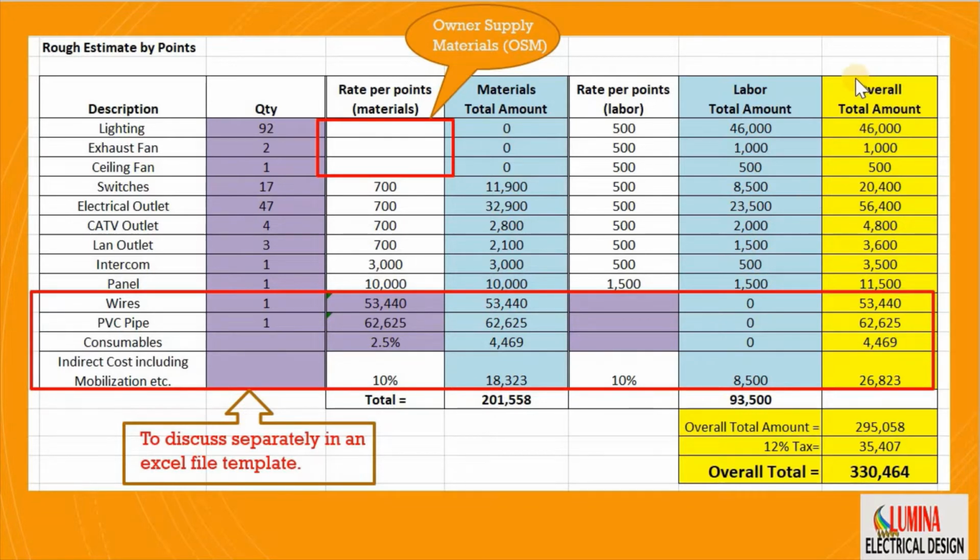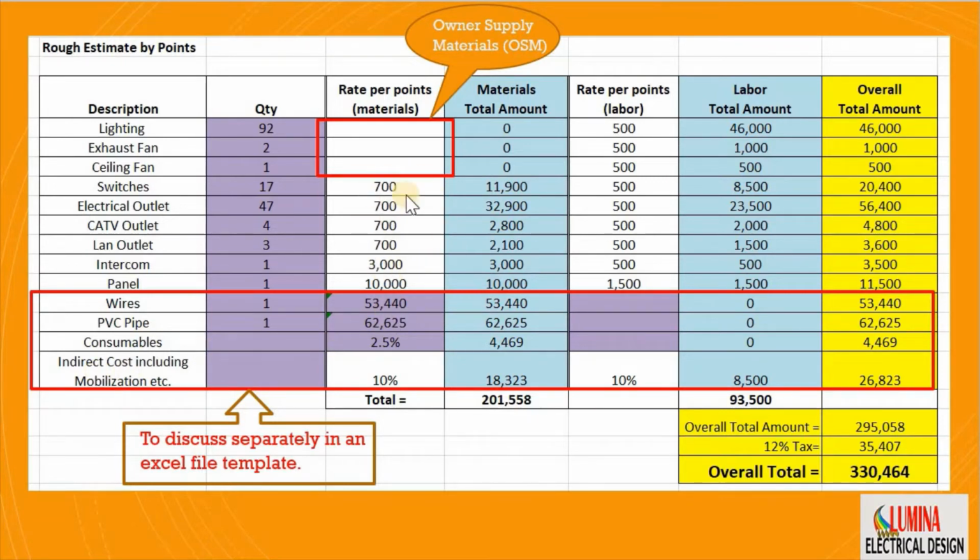After that, for the overall total amount, we add the materials total amount and the labor total amount. Added with 12% tax, we have an overall total amount of 330,464. For the wires, PVC pipe, and consumables, I will discuss them later in the Excel file format.